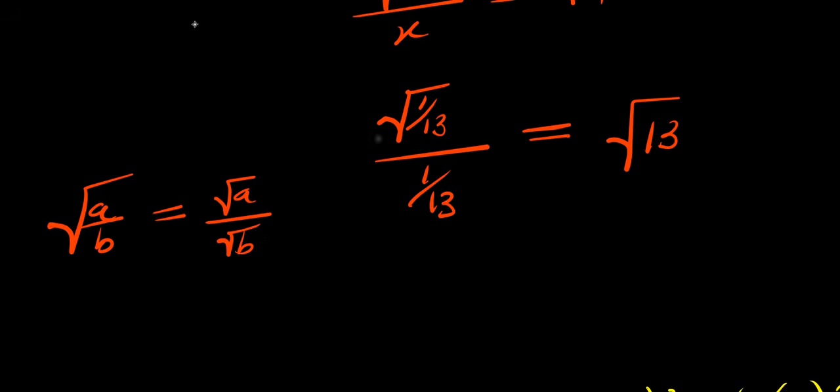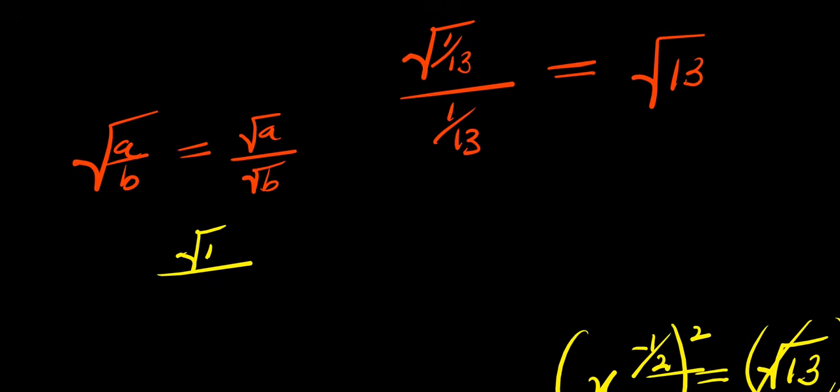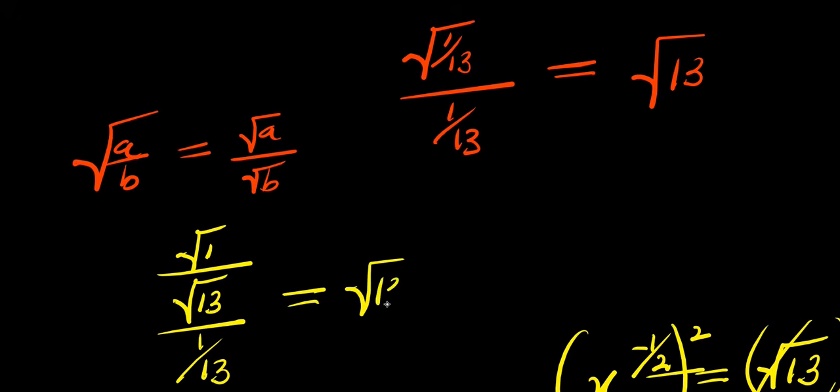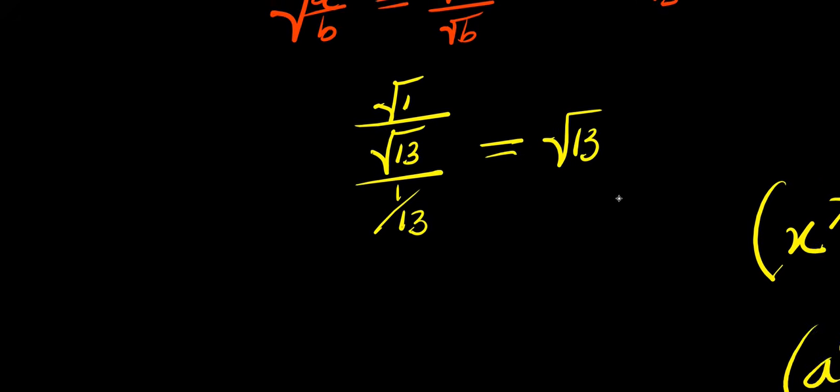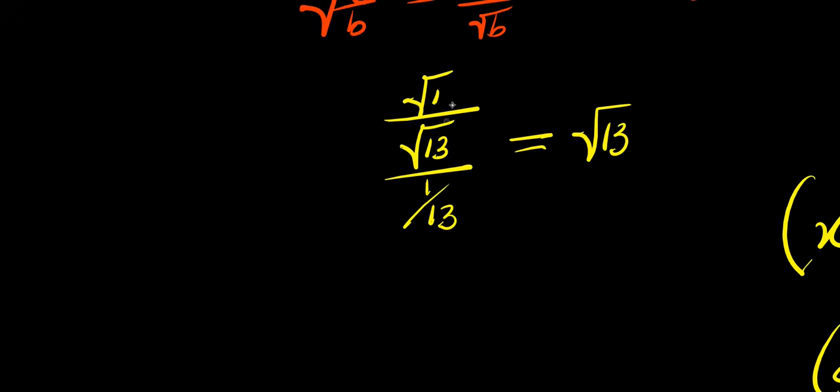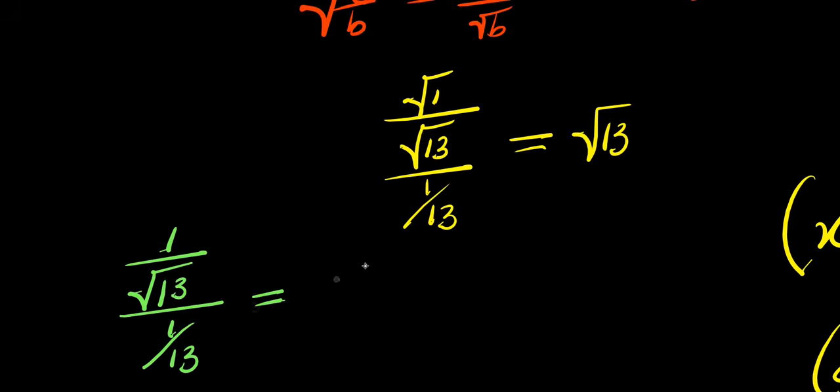So the square root of 1 over 13, we are going to have the square root of 1 divided by root of 13, divided by 1 divided by 13 equals root 13. Now from here, the square root of 1 is 1, divided by the square root of 13, divided by 1 divided by 13 equals root 13.